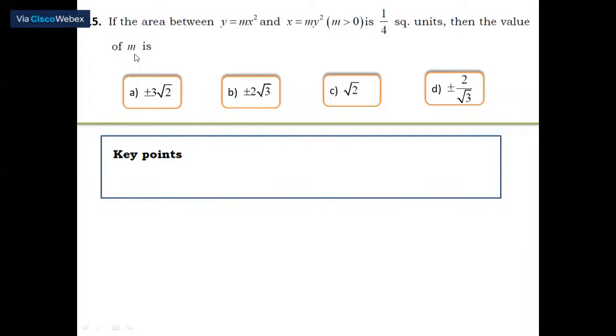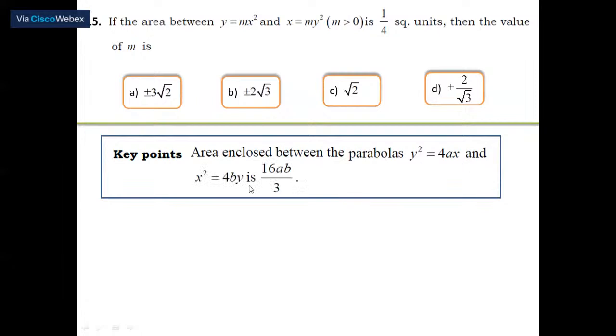And when we have two parabolas, already we know the result, that is the area enclosed between the parabolas y square is equal to 4ax and x square is equal to 4by is given by 16ab divided by 3.